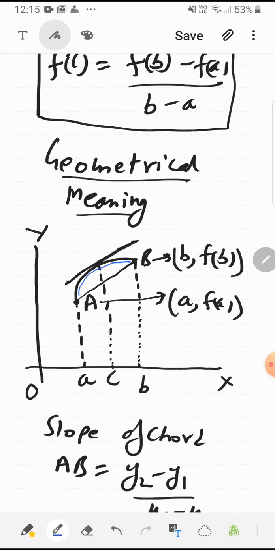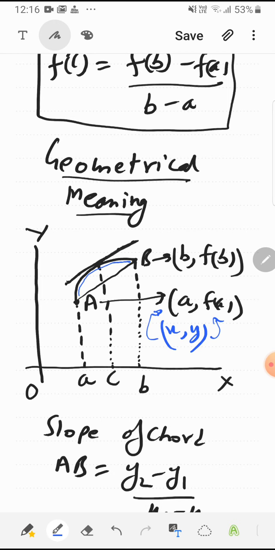At point A, as the coordinates of any point are x comma y, the value of x is a, and as y is equal to f of x, the value of y is f of a. Same with the point B, that x is b and y is f of b.